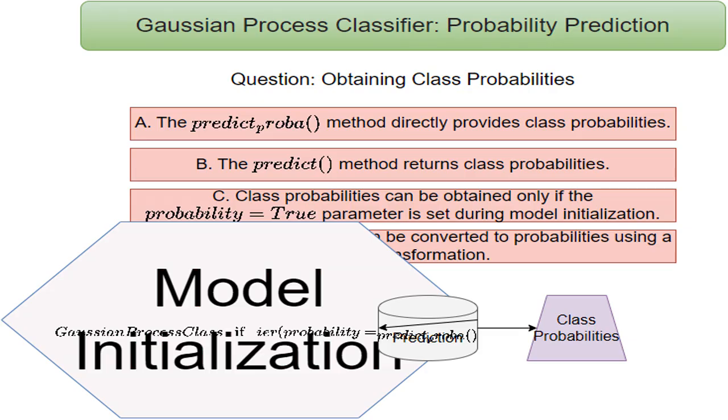You must include "probability equals true" when you create your model using Gaussian process classifier. This crucial step ensures that the model calculates class probabilities, which you'll need for tasks like predicting the likelihood of a new data point belonging to each class. Without it, you can't get class probabilities.